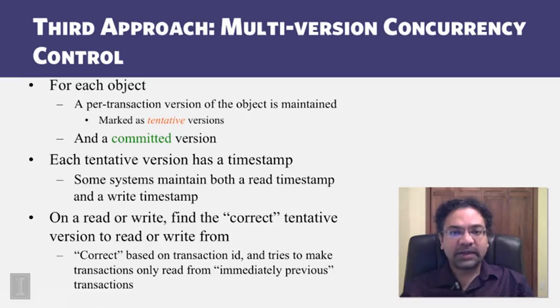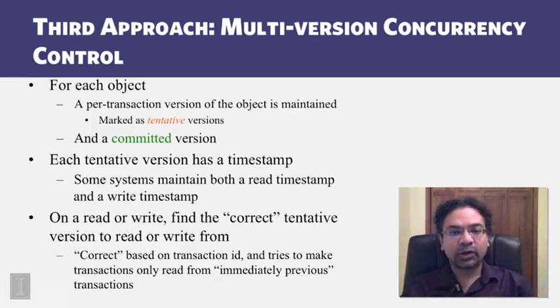Each tentative version has a timestamp of its own, and the committed version also has a timestamp. Some systems implement both a read and a write timestamp for the tentative version. Whenever a transaction wants to do a read or a write, you need to find the correct tentative version to read or write from. And this correctness, which is the correct version to choose from, is based on the transaction ID.